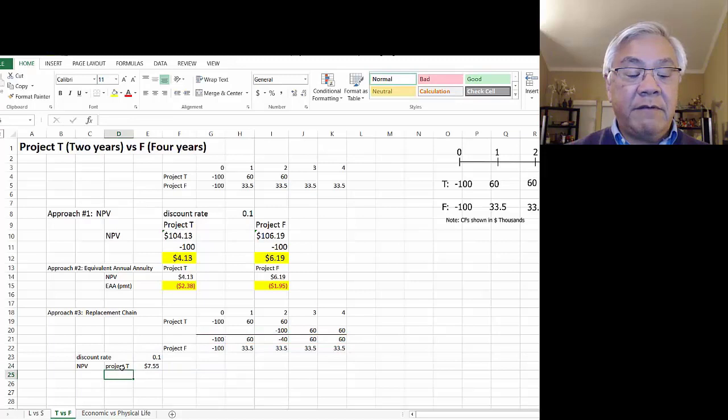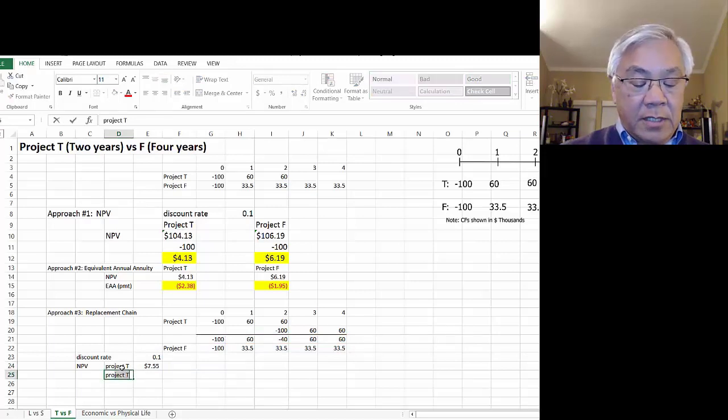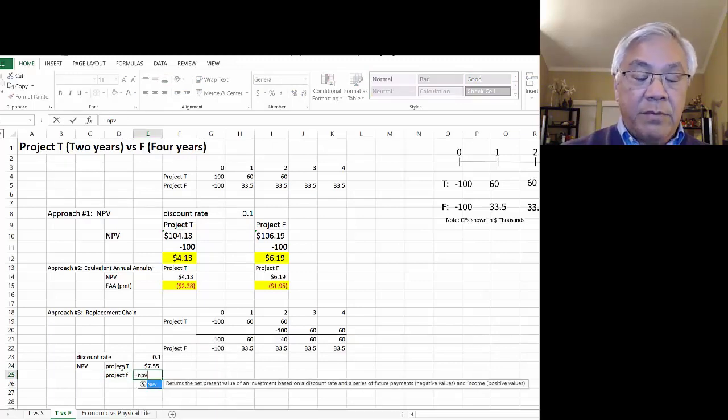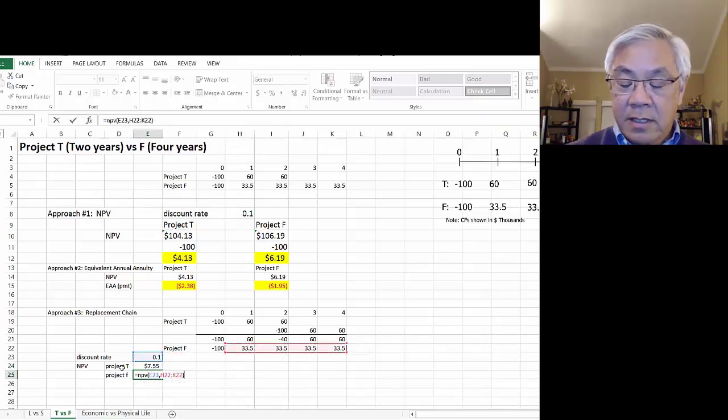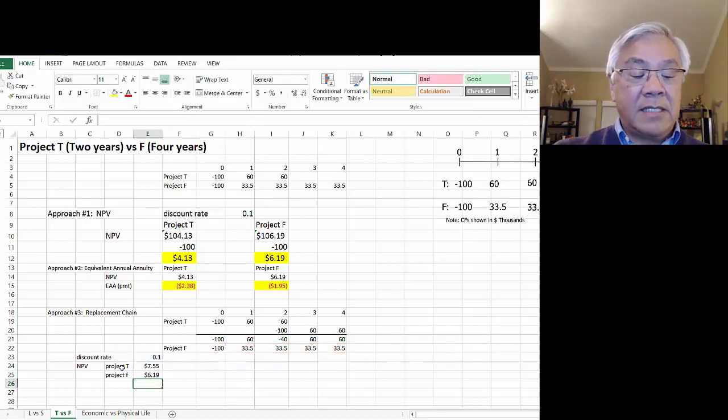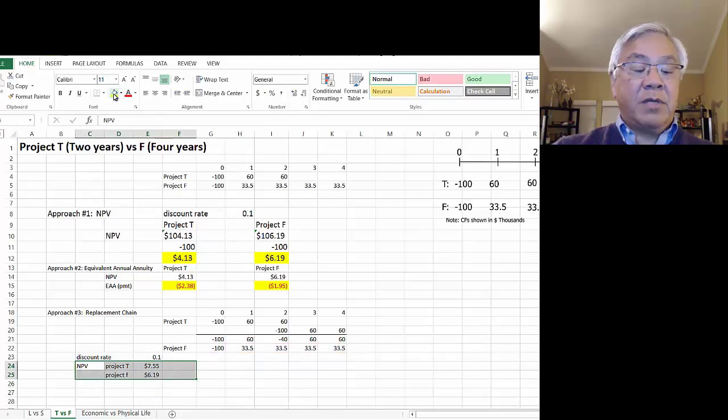So it's 755. And project F is equals NPV, open parens, the rate, comma, and now we go years 1 through 4, close parens, take into account the dollars spent, and it's 619. We've seen that number before above, but to put it side by side.